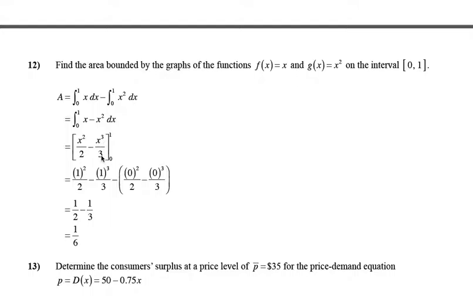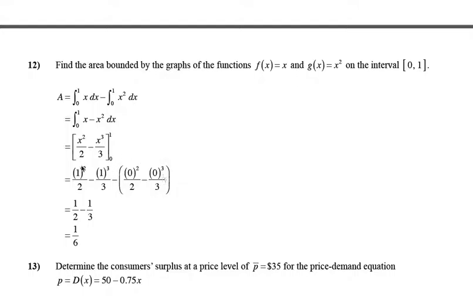And then we evaluate this antiderivative at the top value here, at 1, and we subtract this antiderivative evaluated at 0. Well, this antiderivative evaluated at 0 is just 0, because 0 squared is 0, divided by 2 is 0, 0 cubed is 0, divided by 3 is 0, so it integrates out.